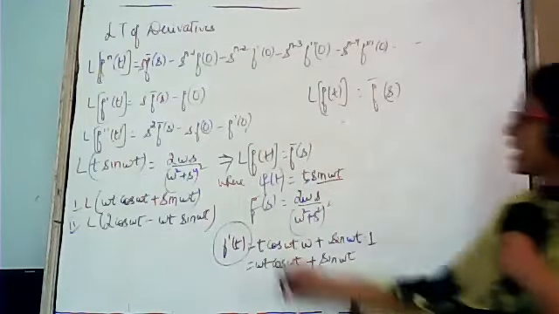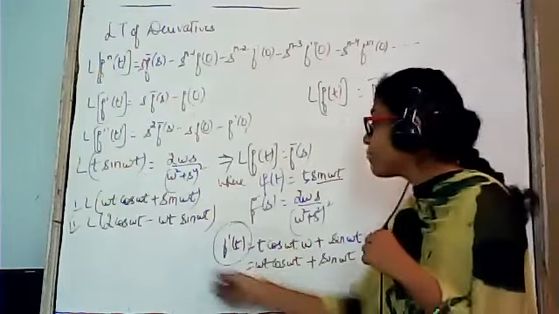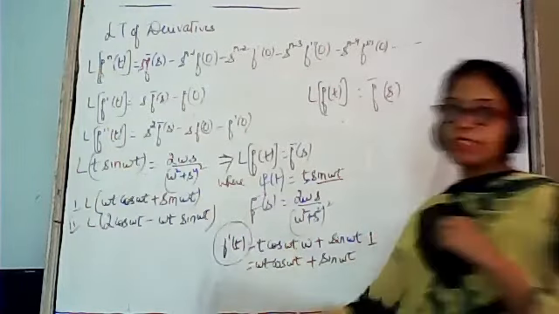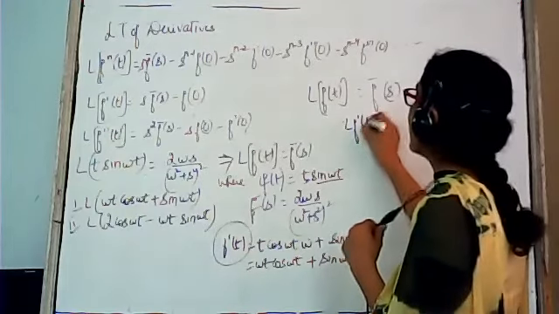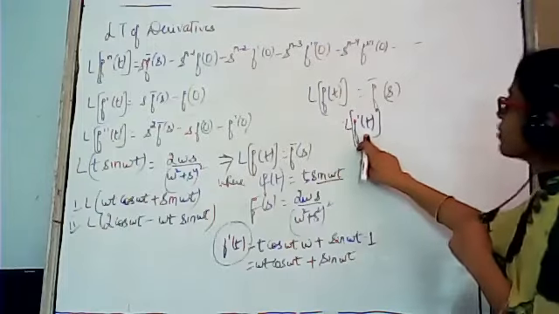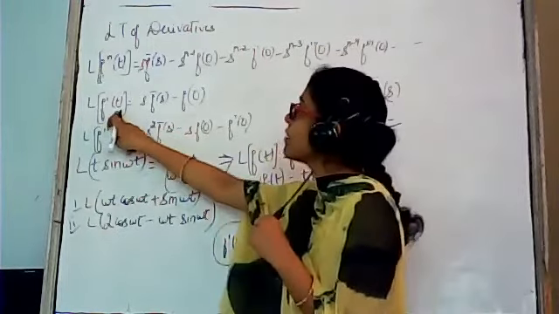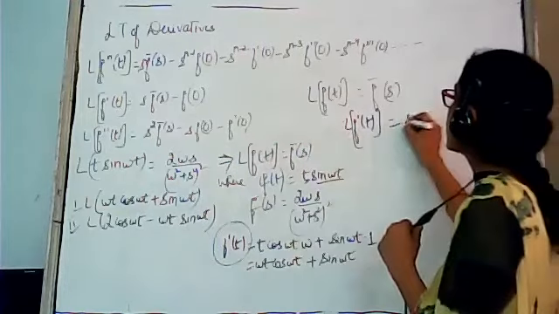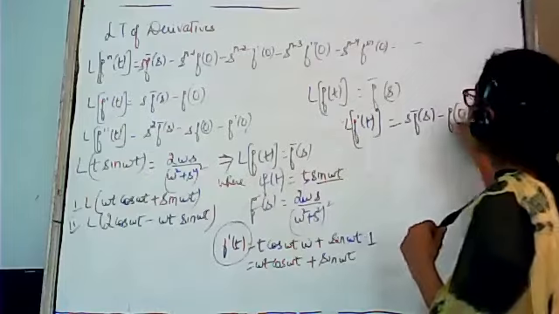If we differentiate f of t, we get this term, and at the end, we have to find the Laplace of this differentiation. It means that Laplace transformation of f dash t. Now, Laplace transformation of f dash t. We have the formula of Laplace transformation of f dash t. This is equals to s f bar s minus f of 0.